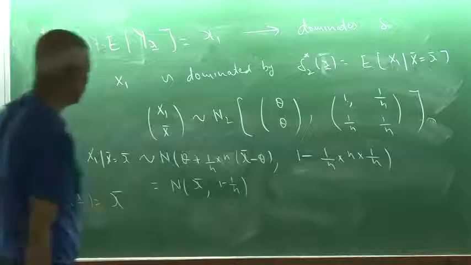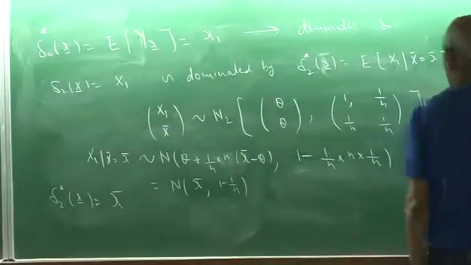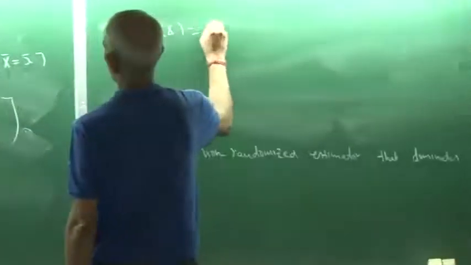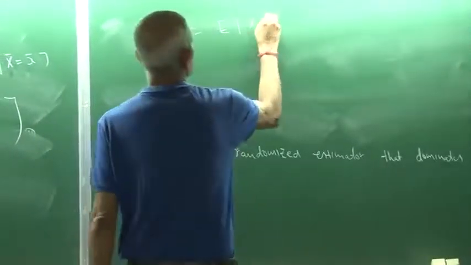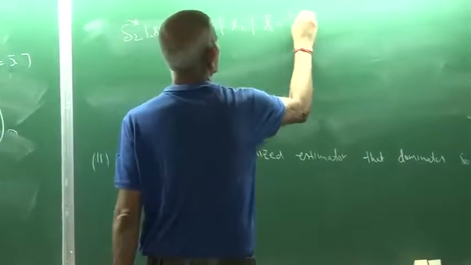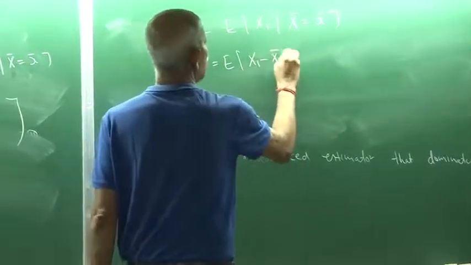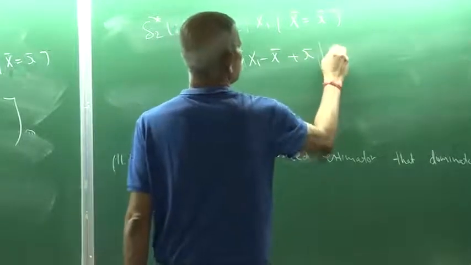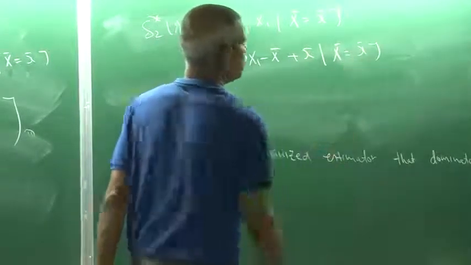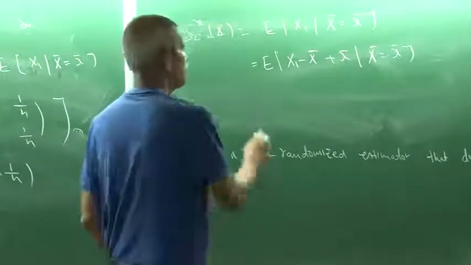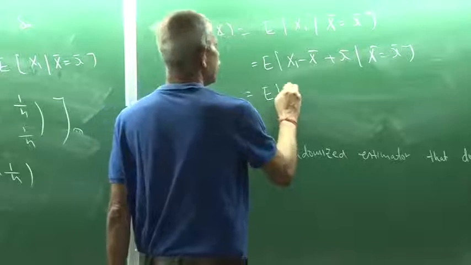You could have gotten this using Basu's theorem also. Delta 2 star x can always be written as the expected value of x1 given x bar, which is the same as the expected value of x1 minus x bar plus x bar given x bar. Now here this x bar is fixed, so that goes outside the expectation.